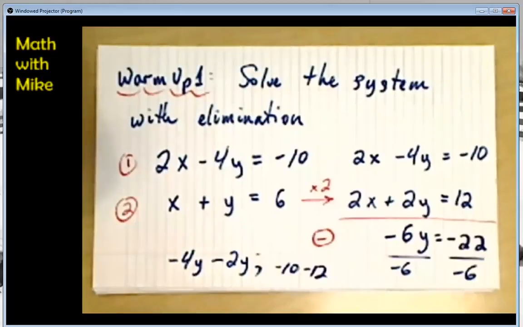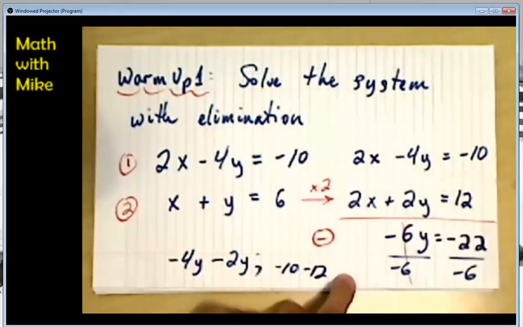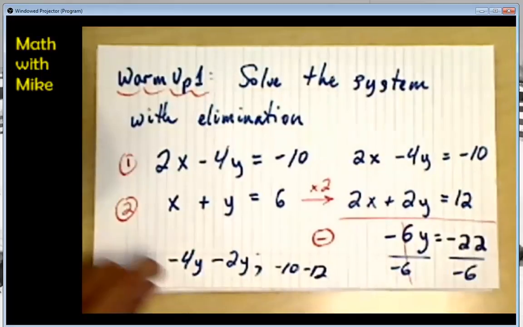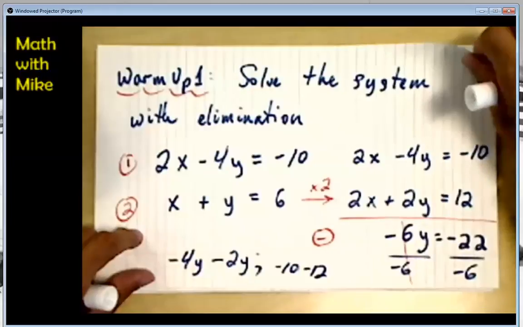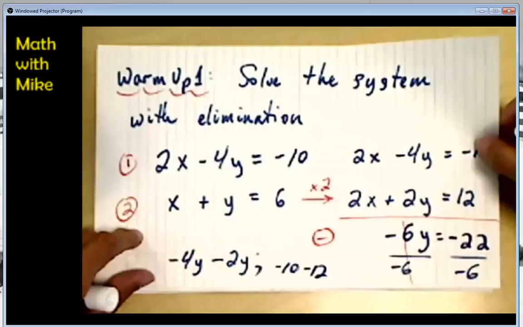And then, yeah, weird number is what you get. Those will divide out. 3.6. I don't know. Yeah, 3.666 repeating, I think, is what it is, something like that. Let's take a look.